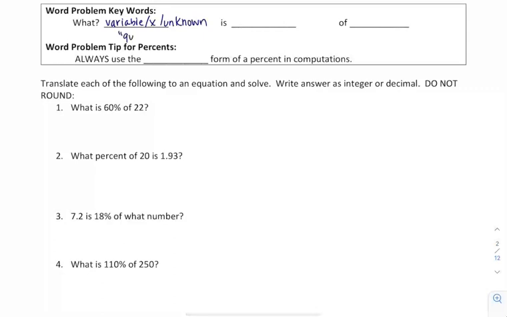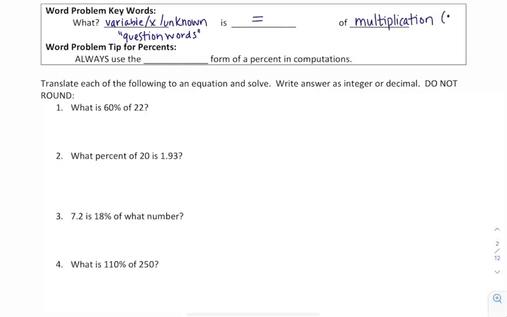Basically, these are your question words. The question is going to ask you about something, and that what is what it's asking about. Anytime you see the word is, it almost always is representing equal, and the word of is almost always telling you to multiply, or to use multiplication.